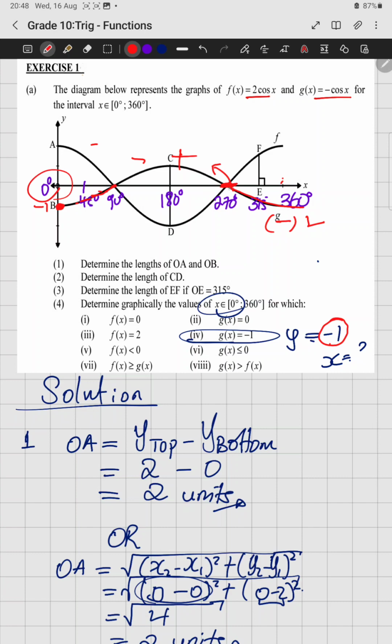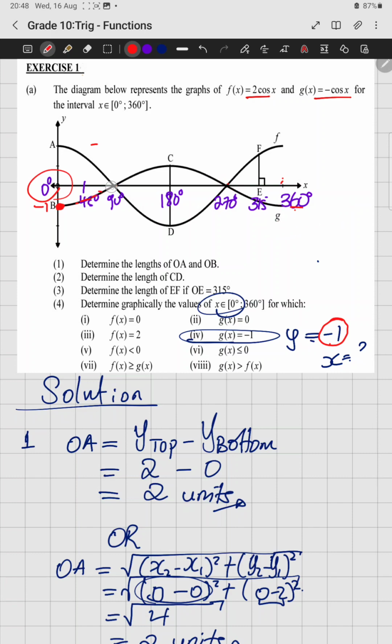And then what is the other point exactly? Remember guys, we don't even come to this portion. Why? Because it is above 0 and y there is positive. All right, and then from here and going down exactly over here, y there is -1, and then the x value is 360 degrees. So we want that part.